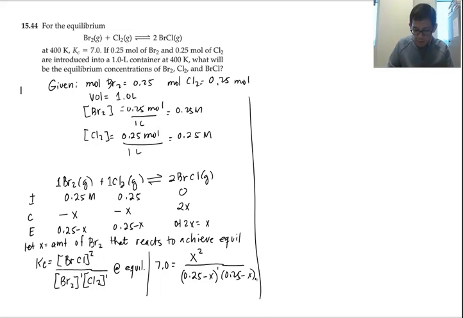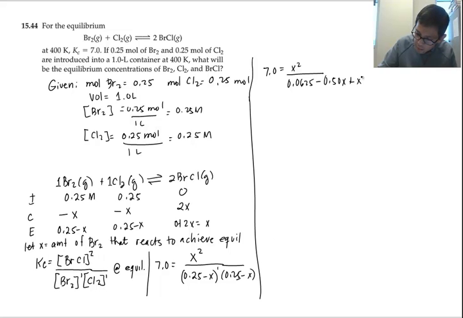Alright, so now this is not chemistry anymore, this is algebra. So we have to expand. 7.0 equals (2x) squared over 0.25 times 0.25, which is 0.0625. x times 0.25 is 0.25x, plus x times 0.25 is 0.25x, so that will be minus 0.50x, and minus x times minus x is plus x squared.